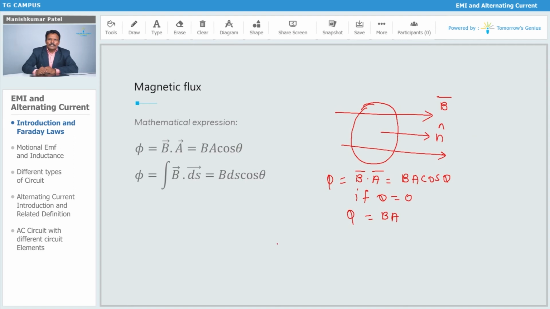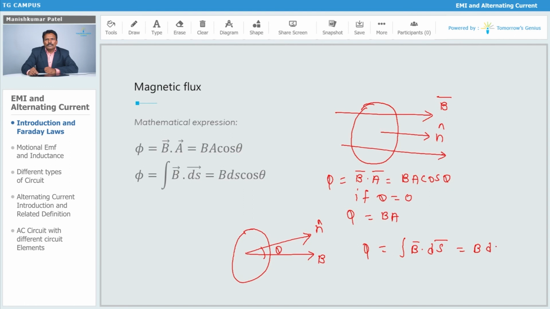In other cases, if the surface makes a certain angle theta with the magnetic field, then you can write B bar dot dS bar, which is B dS cos theta.